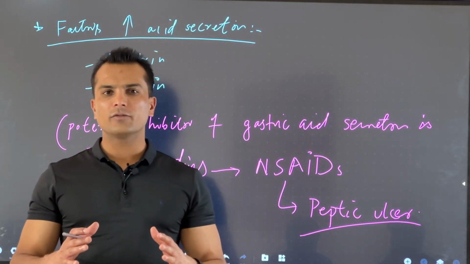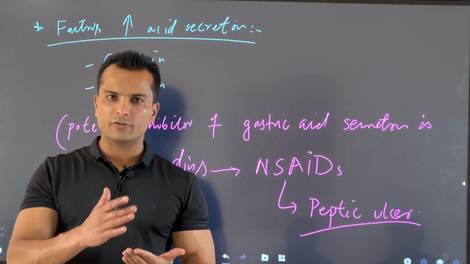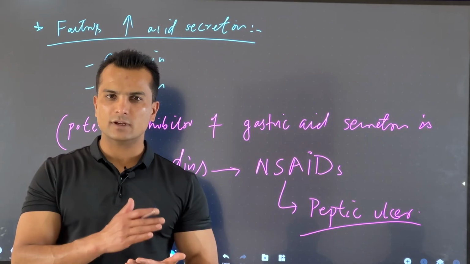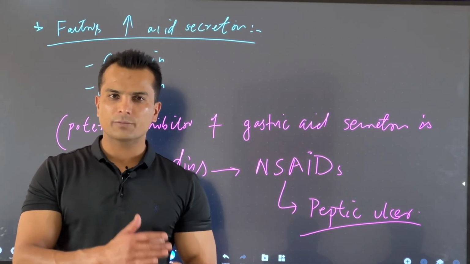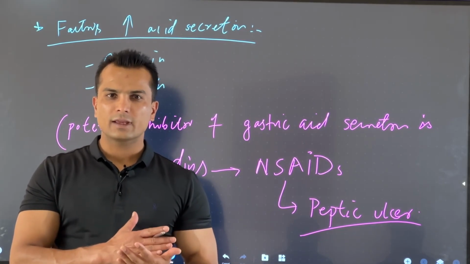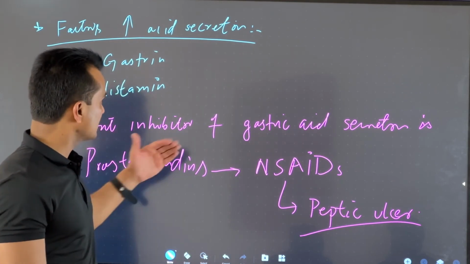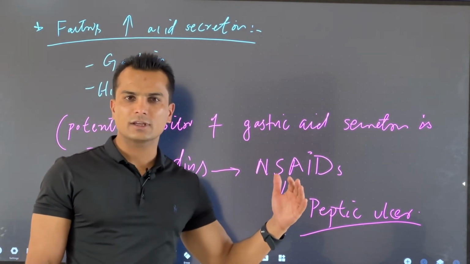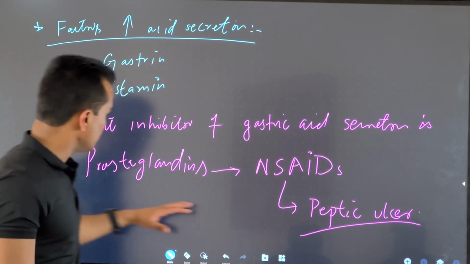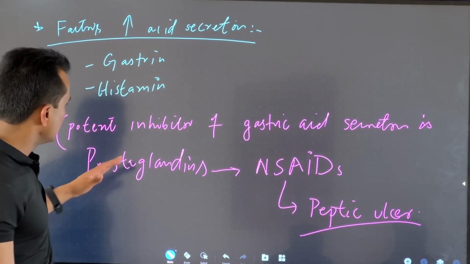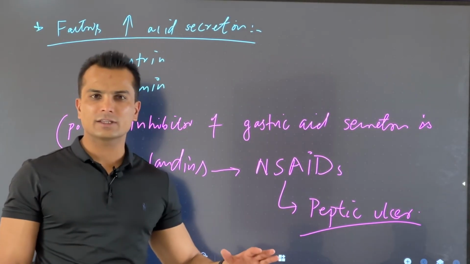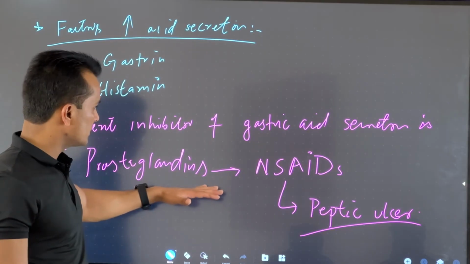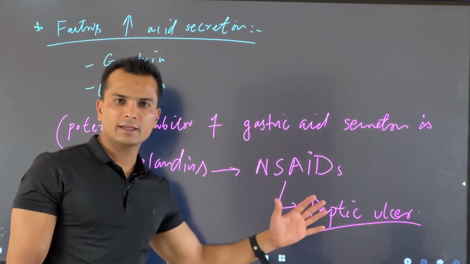So again we recall the cells: first you have to understand the function of the surface cell, chief cell, then parietal cell, G cell, and then the factors that increase acid secretion, and the potent inhibitor. In addition, somatostatin also decreases the secretion of gastric acid, but prostaglandin is more significant, and it's blocked by NSAIDs.